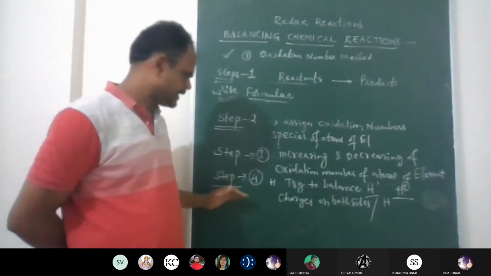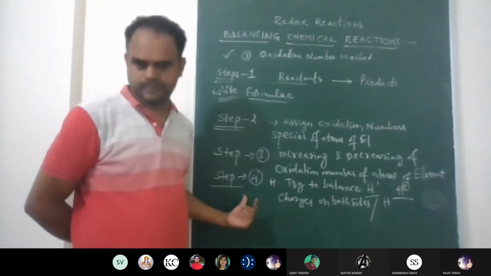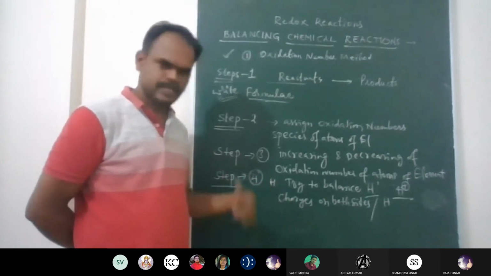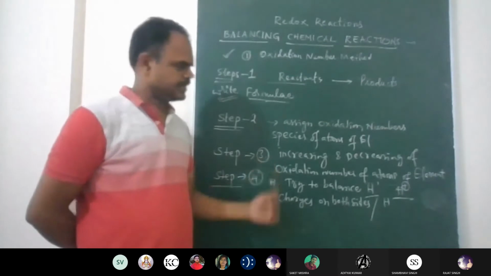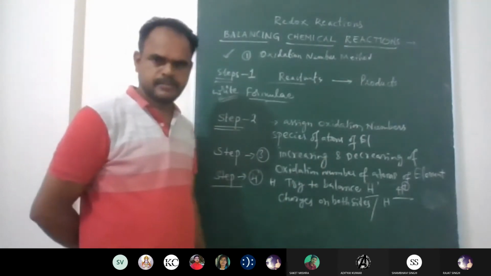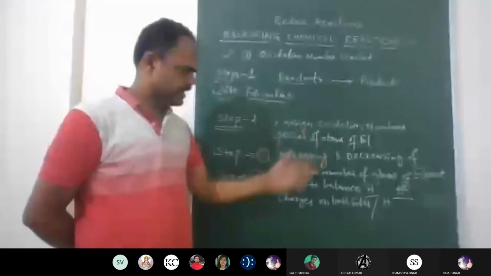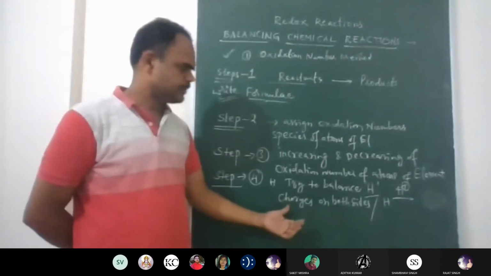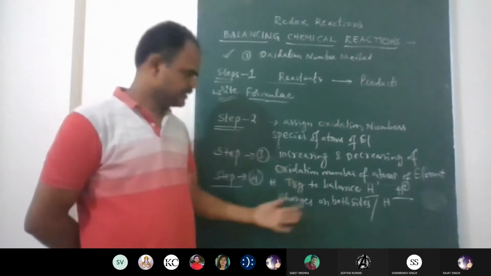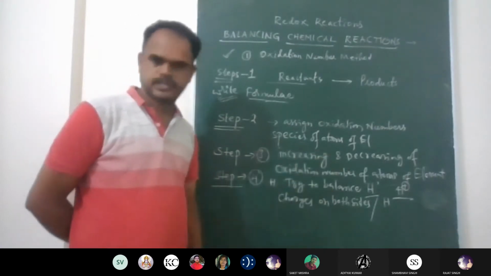By using H plus ions in step 4, on both sides, LHS and RHS, we balance the hydrogen atoms and also balance the charges. We'll discuss what the charges are and how the charges will be balanced.